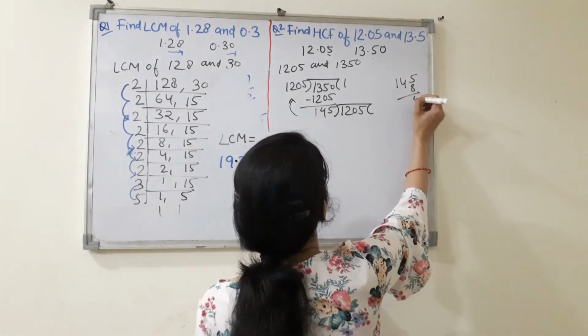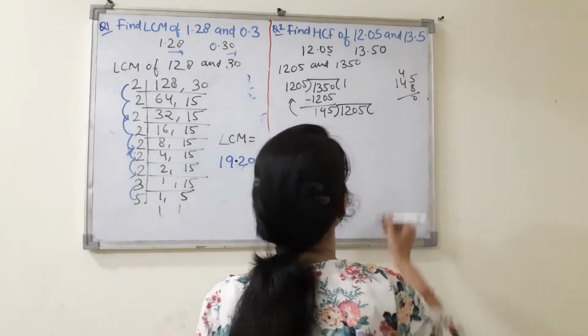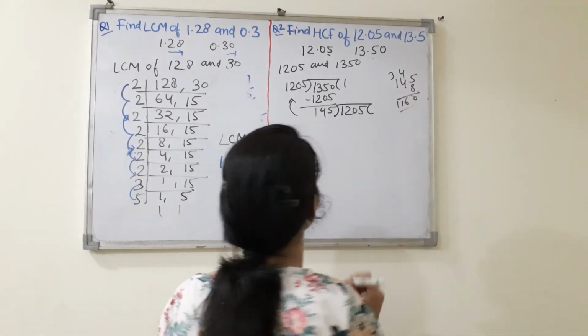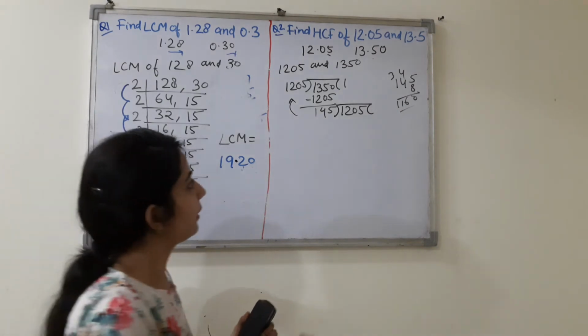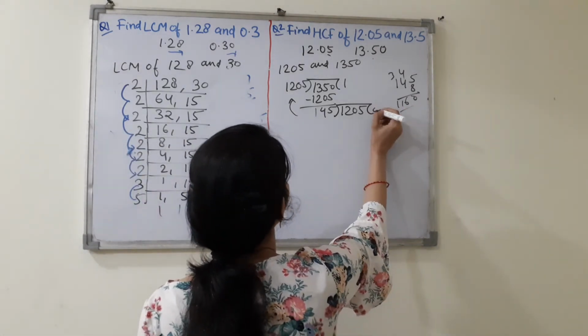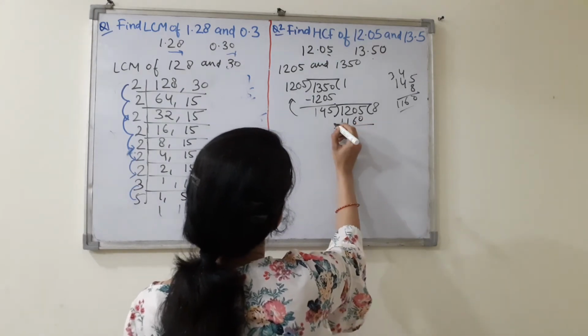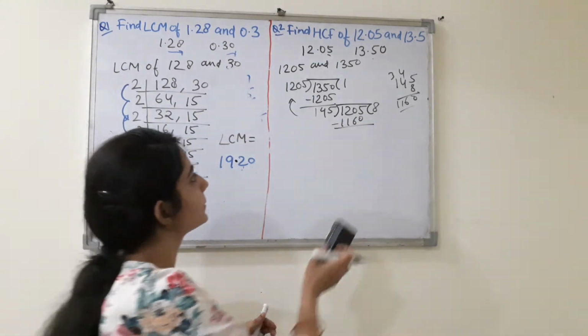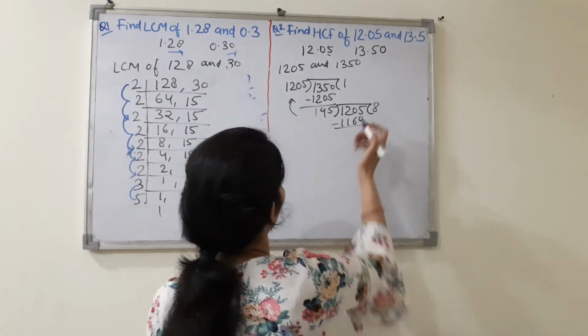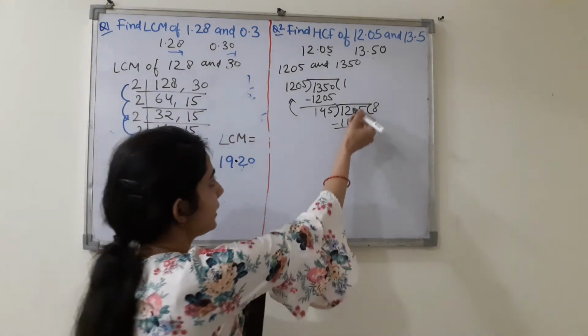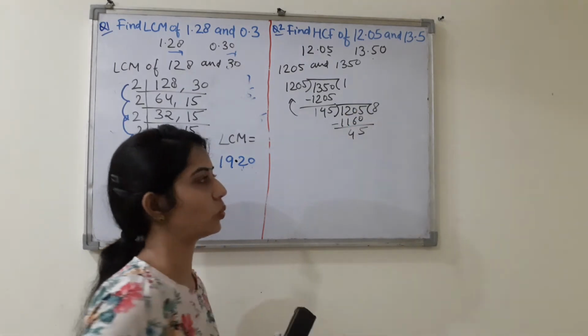This is 40, 32 and 4, 36, 8, 9, 10, 11, 1160. So it will go 8 times. Now you can subtract this. 5 minus 0, 5. 10 minus 6, 4. Here it is 1.